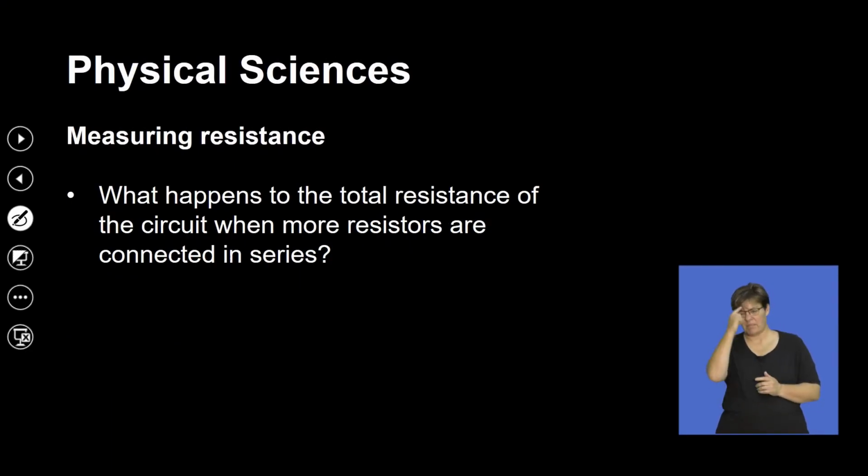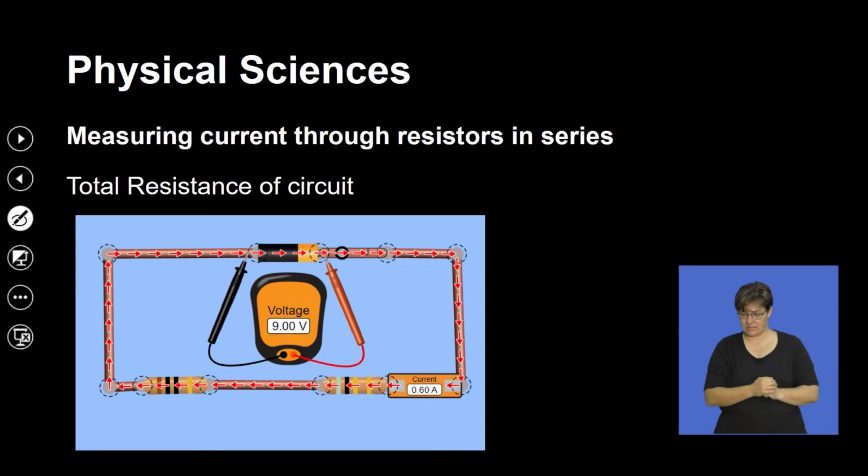And then here's a thinking question about measuring resistance. What happens to the total resistance, R total, of the circuit when more resistors are connected in series? This is a thinking question, okay? Now, here's a scenario. Instead of having just one resistor, we'll add another resistor.